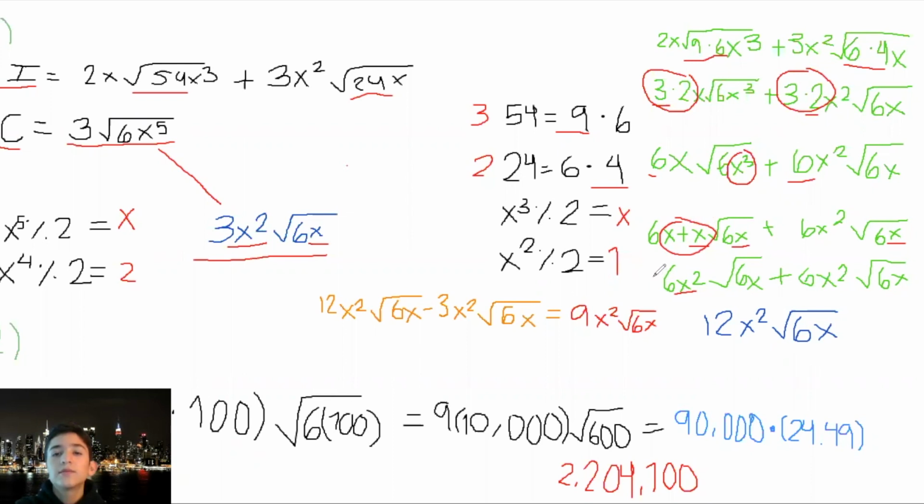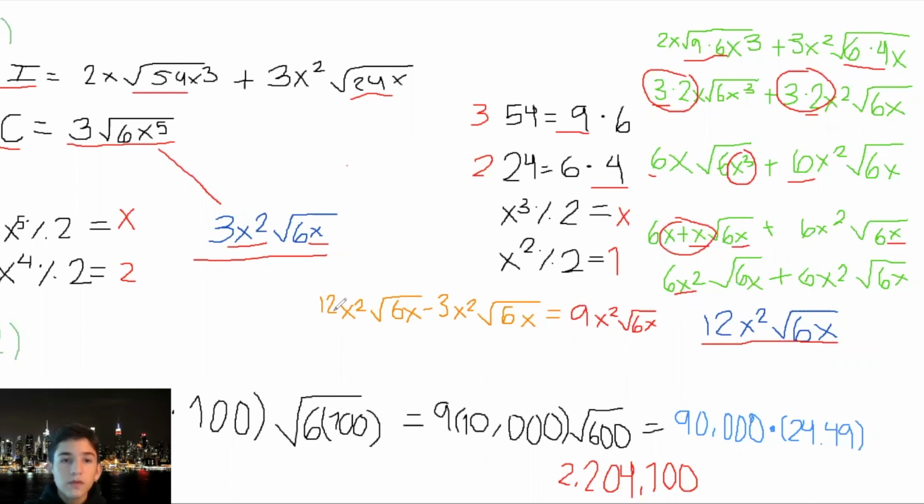And then we just have to add these two quantities, and it will give me an income of 12x squared times the square root of 6x. And well, the problem asks me to find the revenue, and for finding it, I have to subtract the cost from the income.